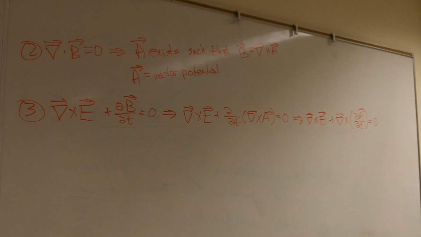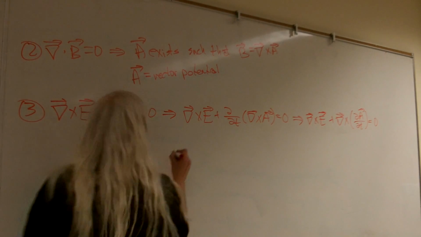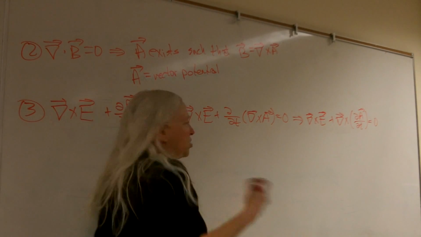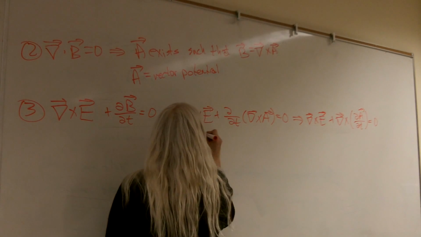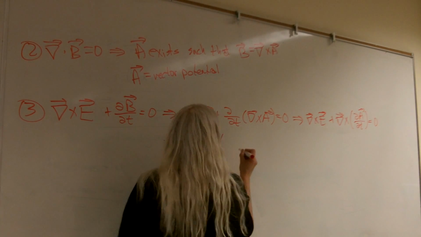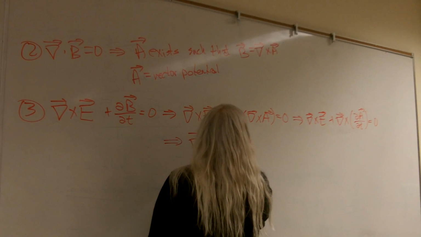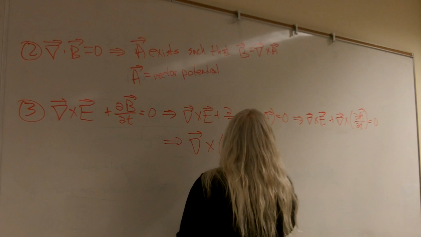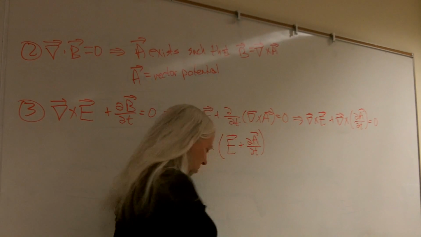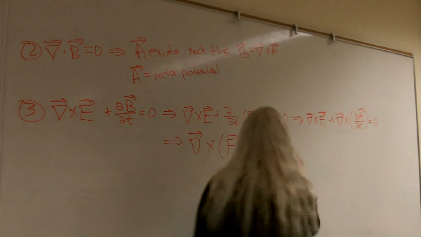Then I've got curls in both of those terms, and the curl is distributive. So I can write that equation as the curl of the quantity E plus dA/dt. Now the curl of that quantity is 0.